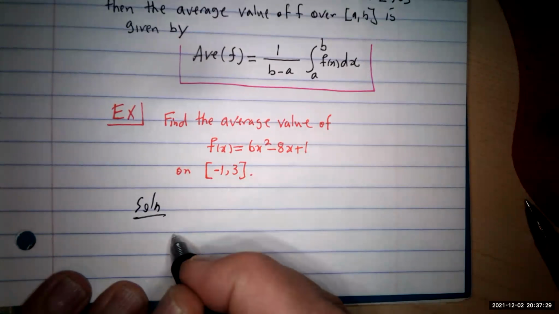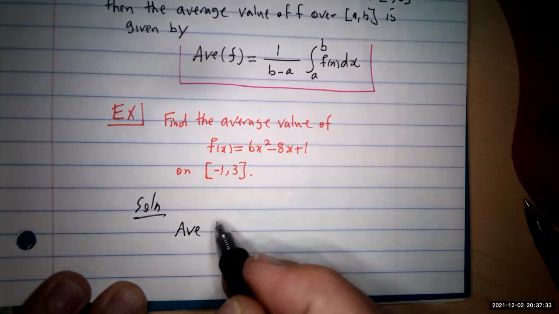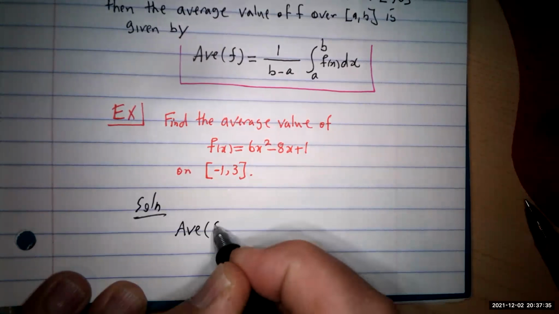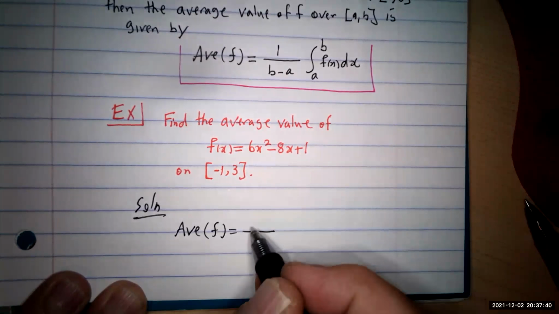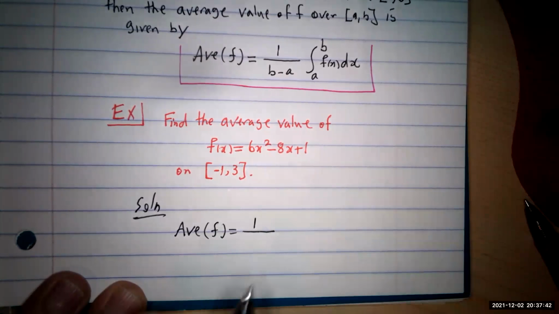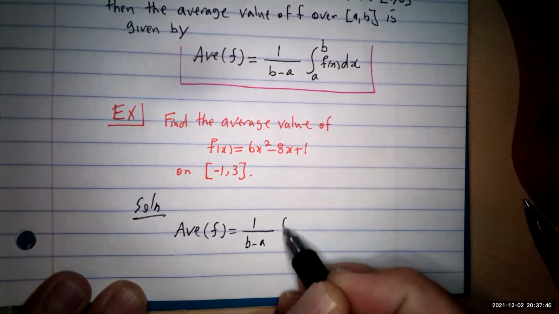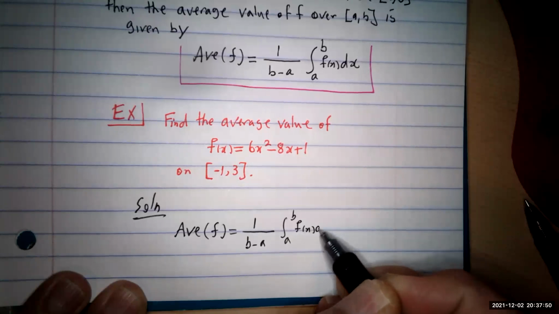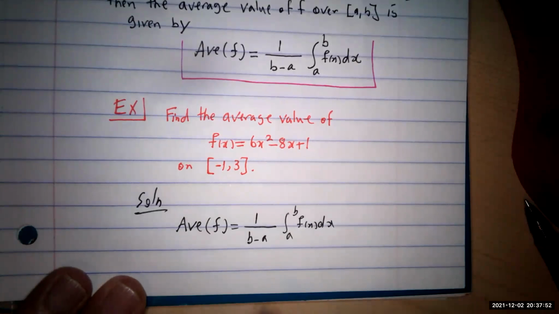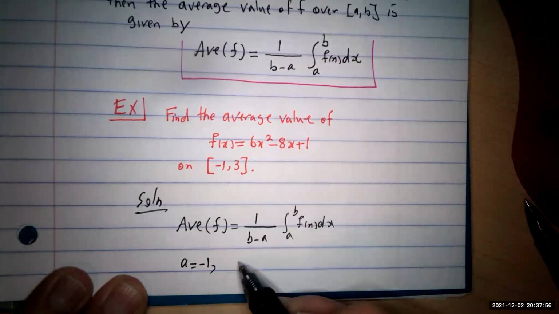The average value of f, the function, is going to be 1 over b minus a, times the integral from a to b of f of x dx. In this problem, the smaller number a is equal to -1, and the bigger number b is equal to 3.